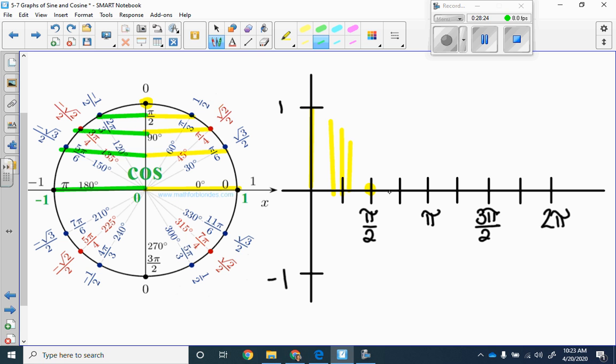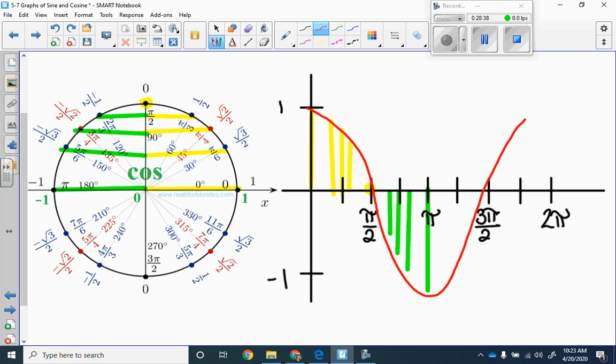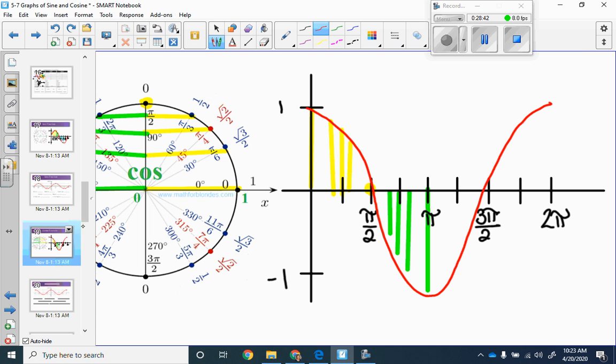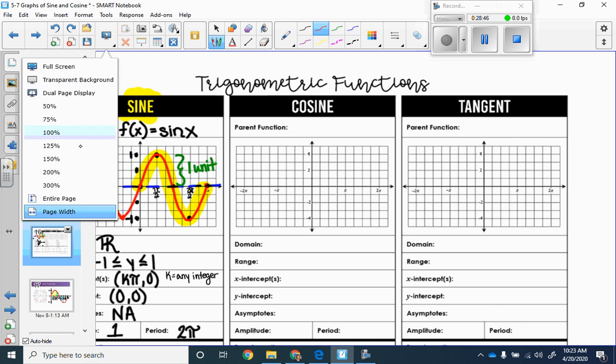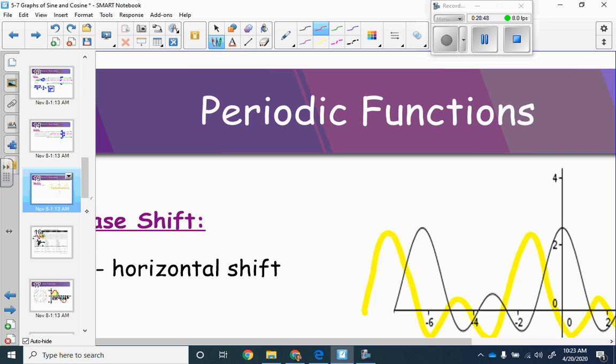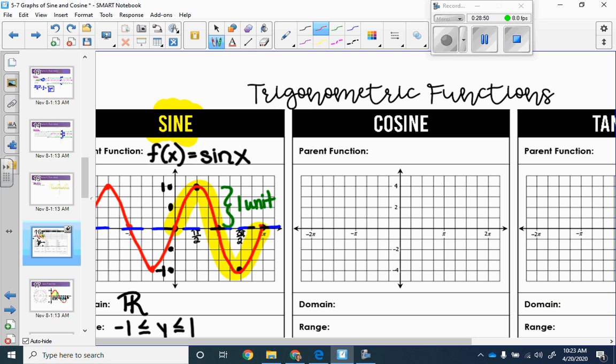And so now we're going down below to get those points. And so our graph for cosine looks just a little different. So I'll go back to here.